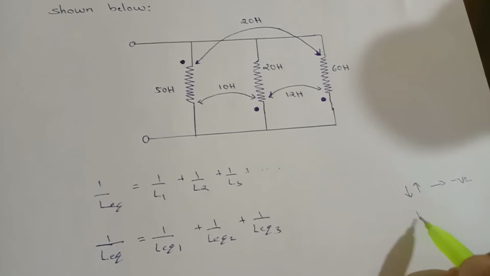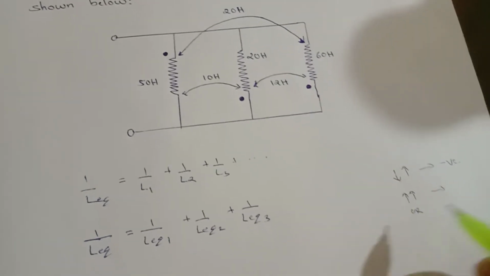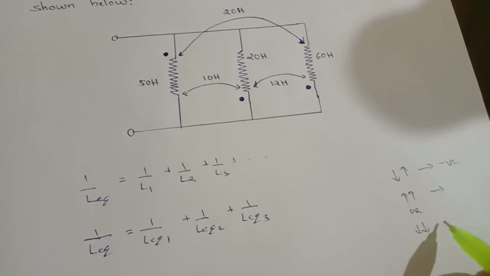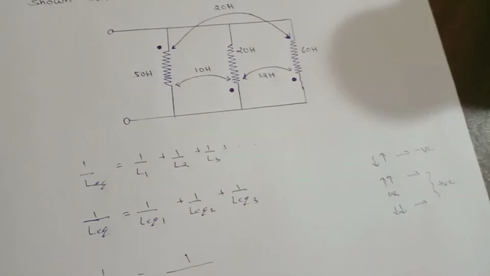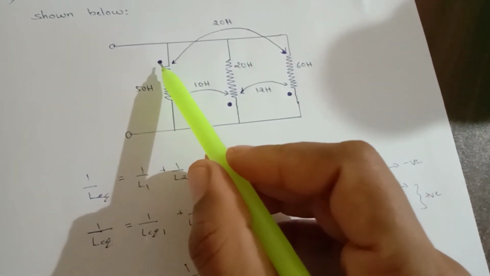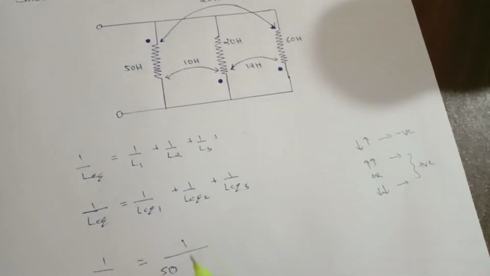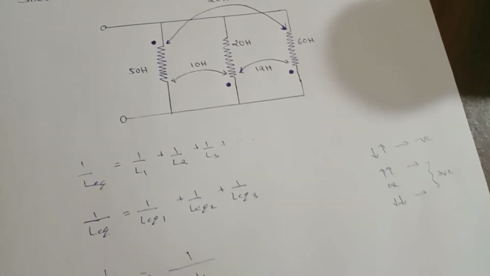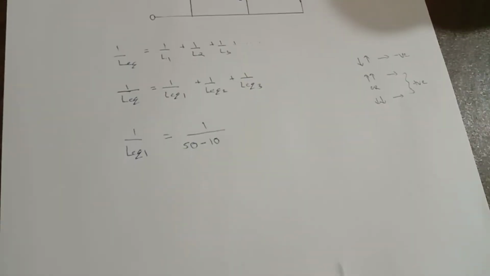So if I have both leaving or both entering, then we will consider the sign as positive. So in this case, if you consider these two branches, one is entering and the other is leaving, so here we will consider a negative sign, minus 10.